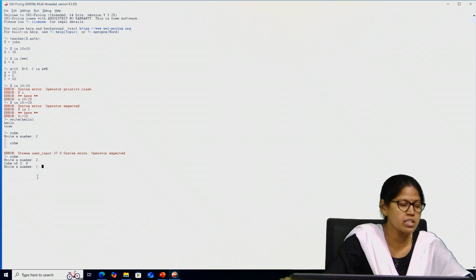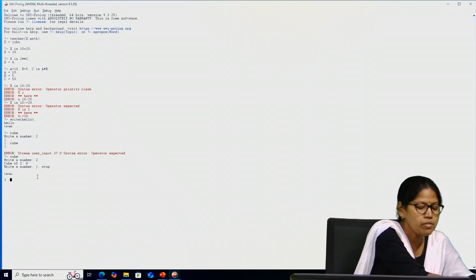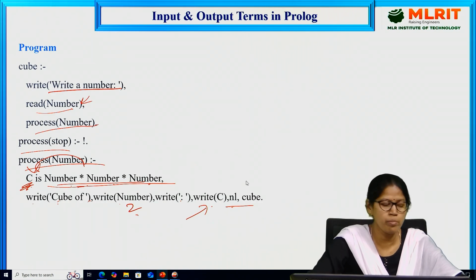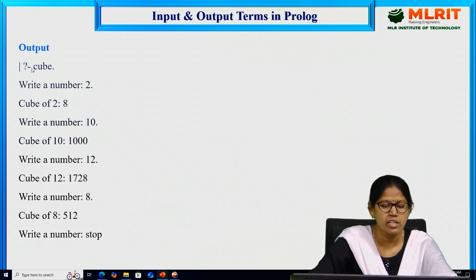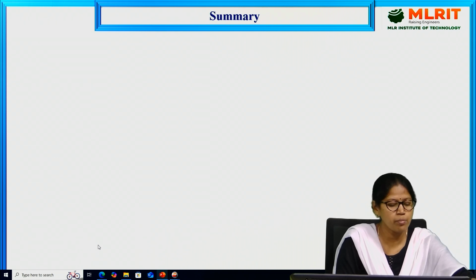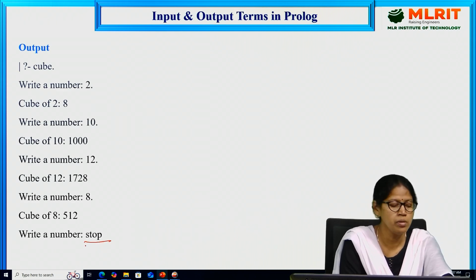Again it is asking to write a number. Until we write stop, it will keep on asking for values to process the cube program. Okay, let's check here also. Cube, write a number 2, then cube of 2 is 8. Again it is asking write a number, 10. Until we write stop, it will keep on asking for numbers to process the cube program.